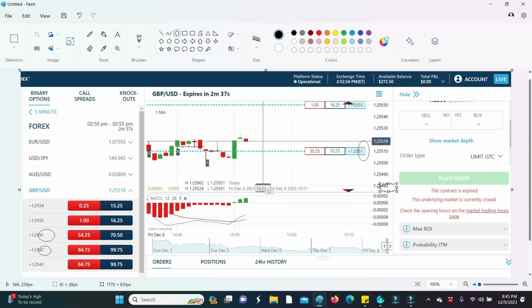This is the first minute, second minute, third minute, fourth minute, and then fifth minute. As you can see, this candle didn't go below the green. This didn't go below the green. This didn't go below the green. This one didn't go below the green. This right here went below a little bit, but that little bit wouldn't have equaled 20 points.